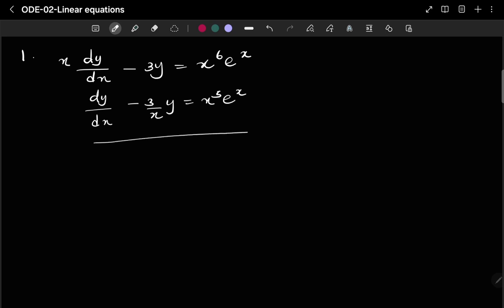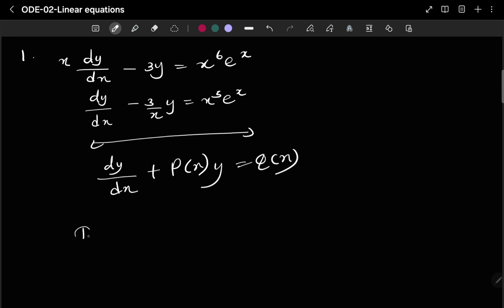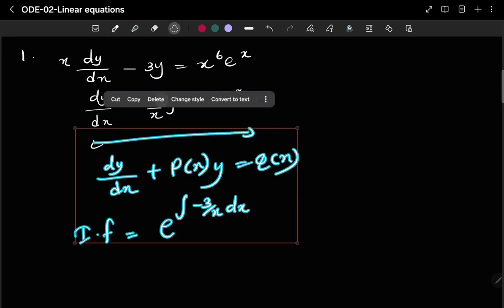Now this is in the form that I showed you earlier, dy by dx plus P(x)y equals Q(x). And now we can take the integrating factor. The integrating factor is e to the power integral of P(x) dx. So now I'll do this question clearly.